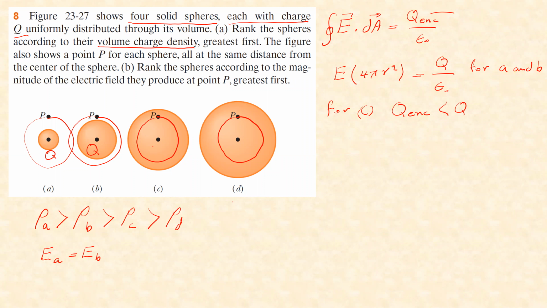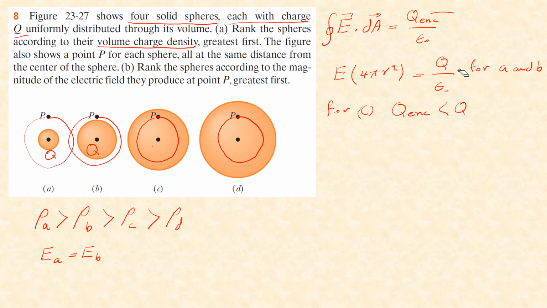But which one has more charge inside, C or D? C has more charge. So the more charge is inside, the more electric field you get, because this is Q enclosed, right? So the more charge you have inside, the more electric field.